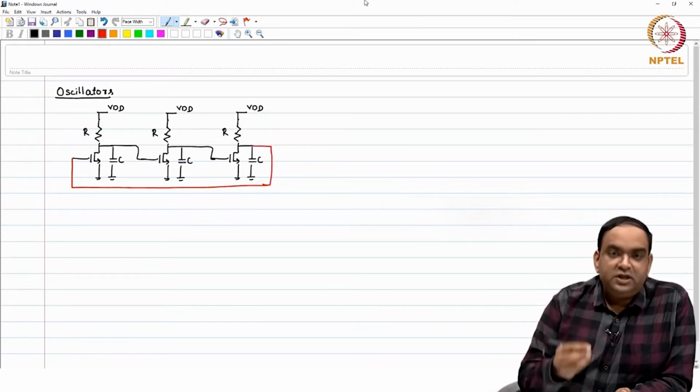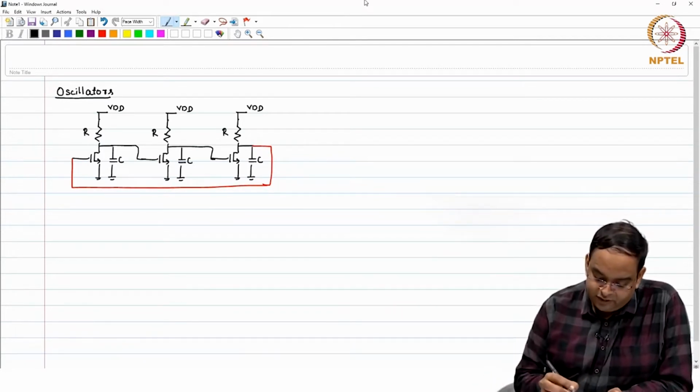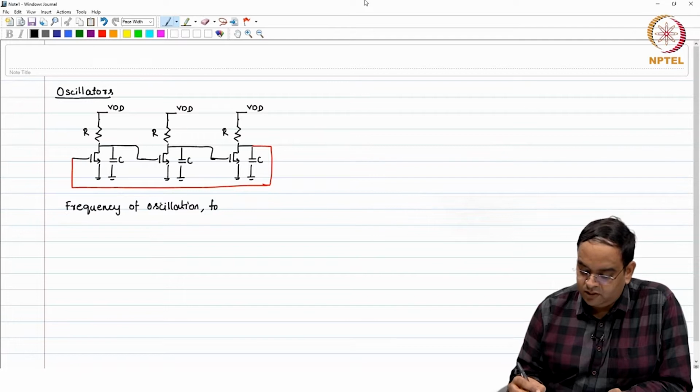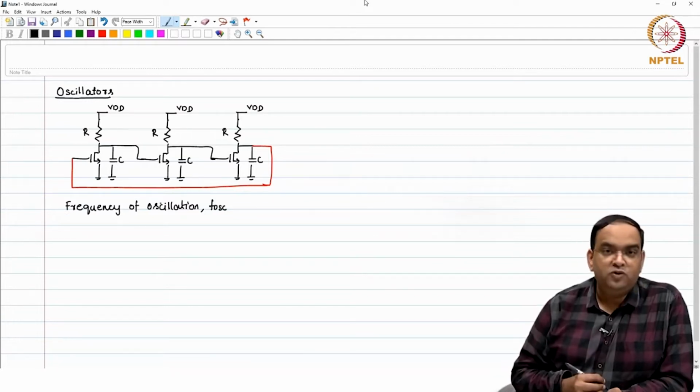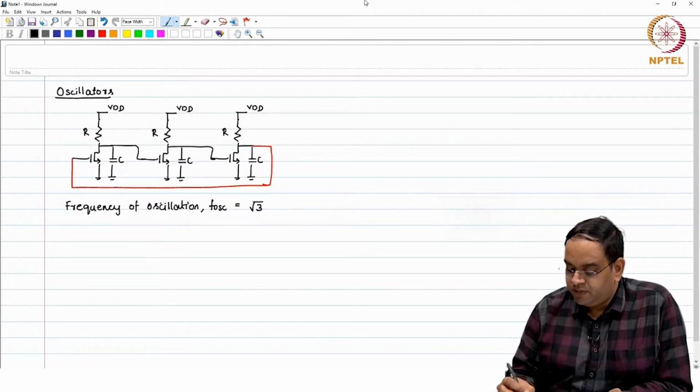So, this particular oscillator we worked out, and the frequency of oscillation, f oscillation, was equal to root 3 times omega p, if you recall, and omega p was nothing but 1 over RC.